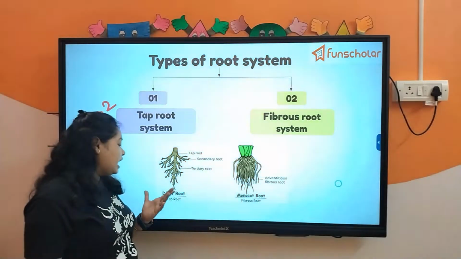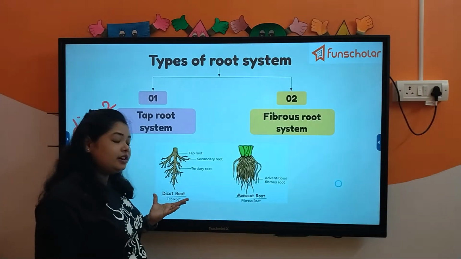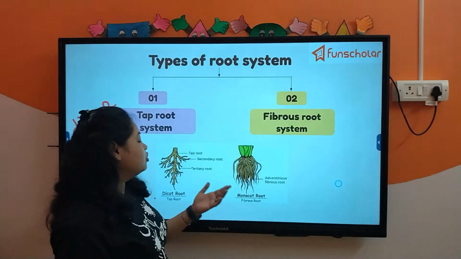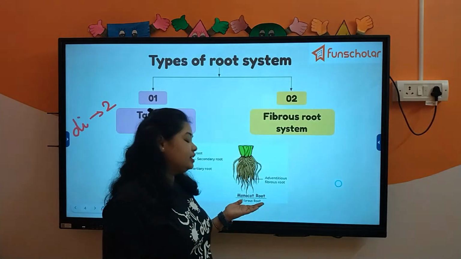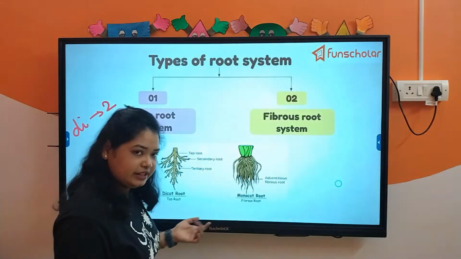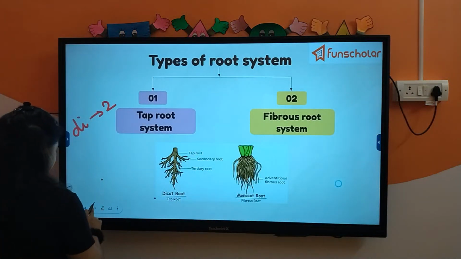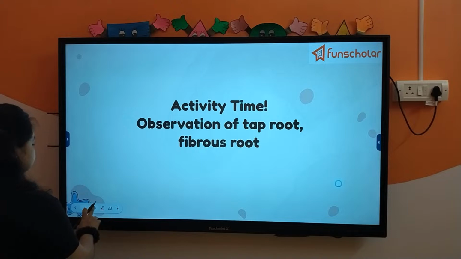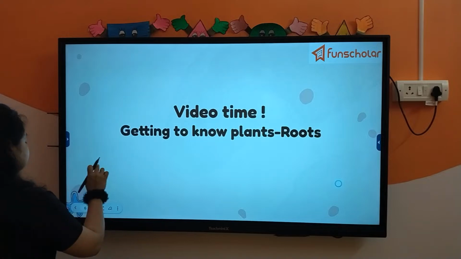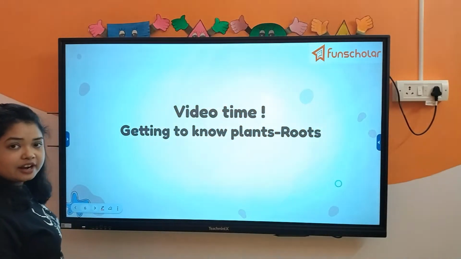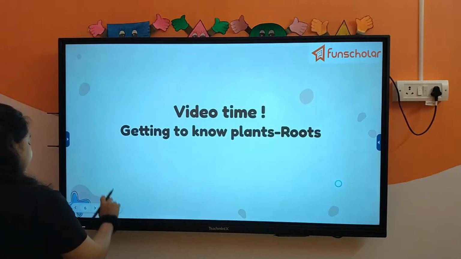So basically dicot plants will bear taproot system and the monocot plants will bear the fibrous root system. Okay. Now we'll watch a video regarding this root systems.